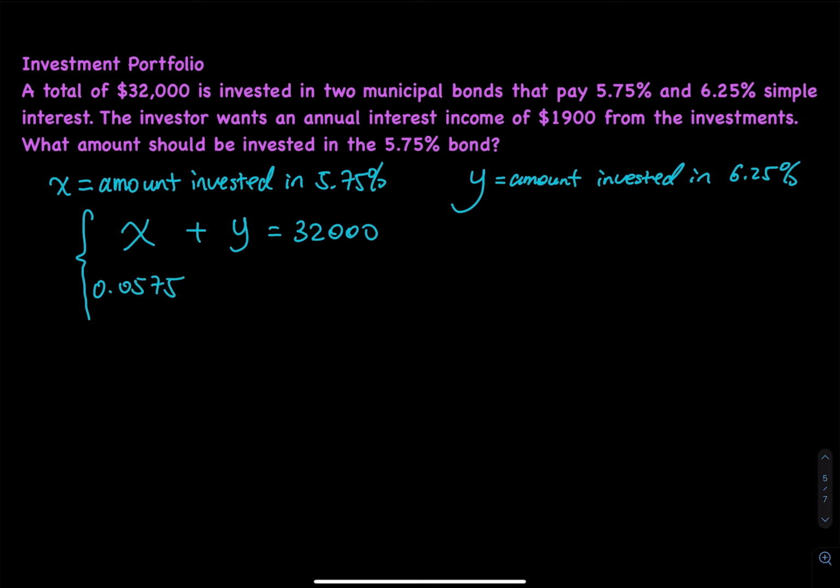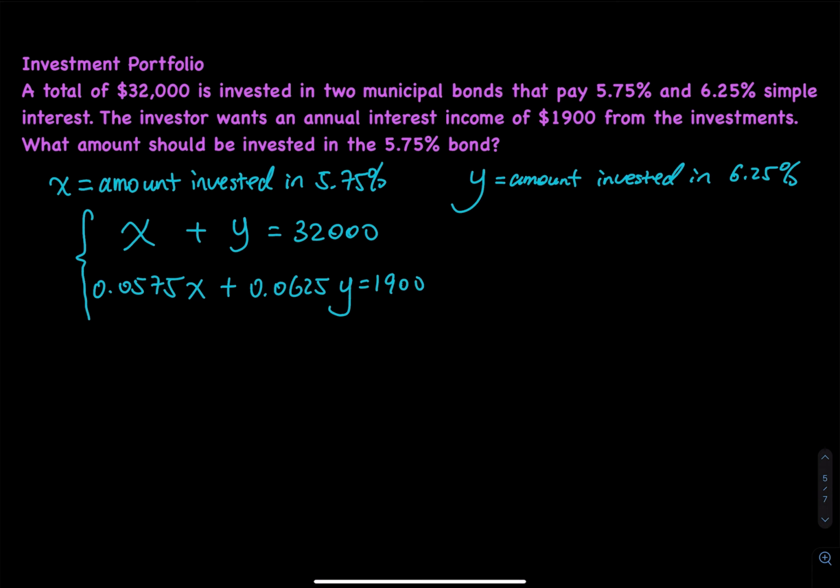All you have to do is move the decimal point 2 steps to the left. So x is the amount for the first bond, and then the interest for the second bond, 0.0625, multiplied by y equals 1,900.